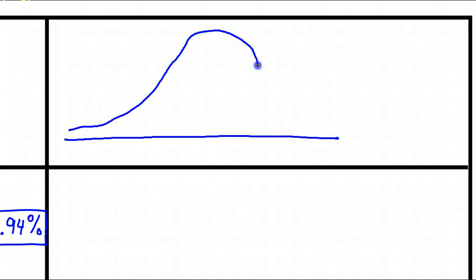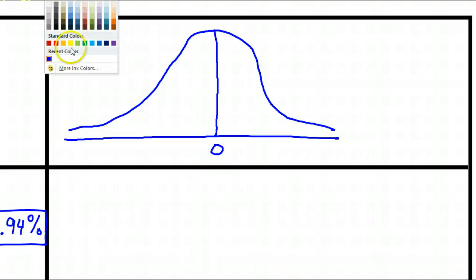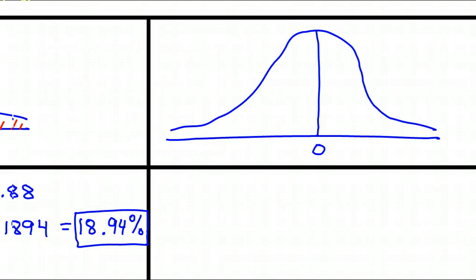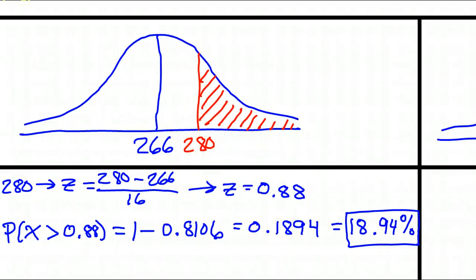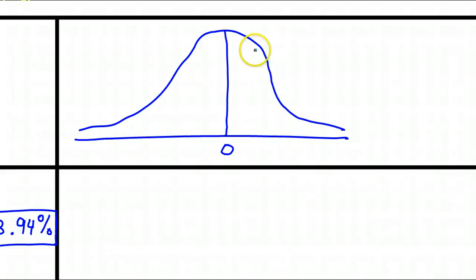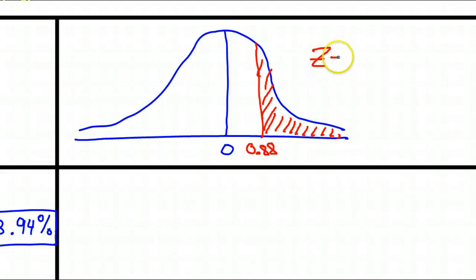So here comes our z-score picture. Okay, so our z-score picture is going to be like this. In the middle, we're always going to have 0. Our z-score now, instead of 280, I'm going to put the 0.88. And we were looking at the values that are greater than this. You must write down the word z-score.